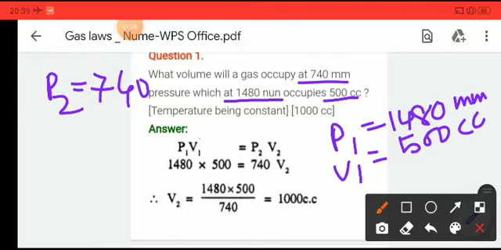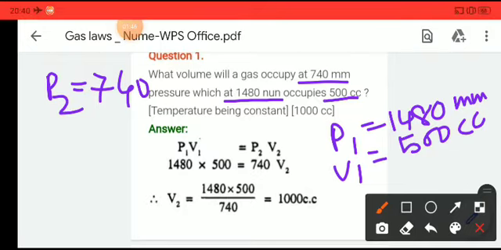So from this equation we already know that P1, V1 and P2 are given. Whenever you do a numerical, you have to be very keen to look for the values that have already been given. Here in the case of the first question, values of P1, V1 and P2 are given.